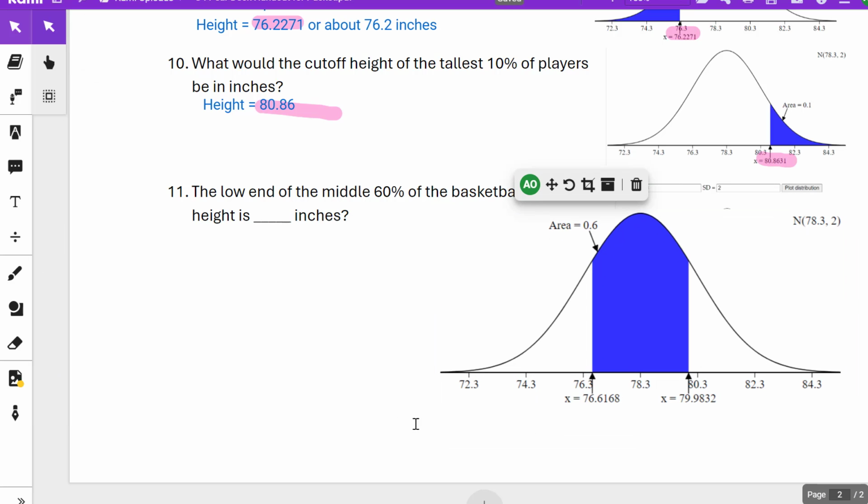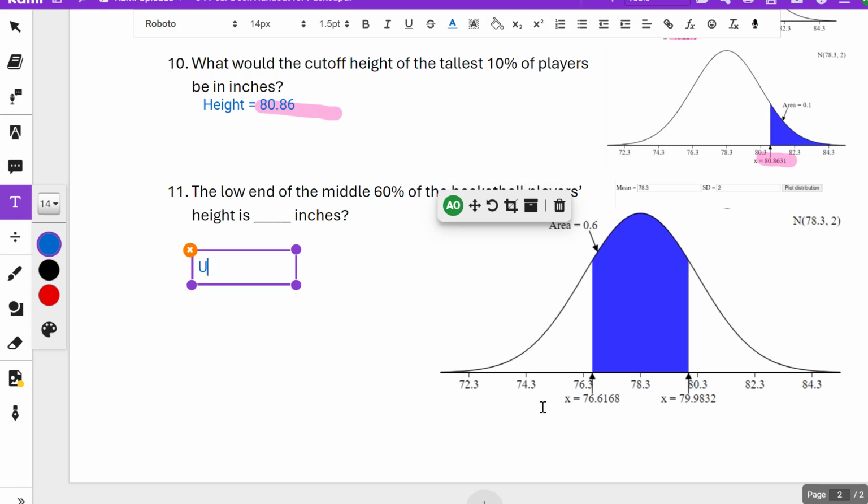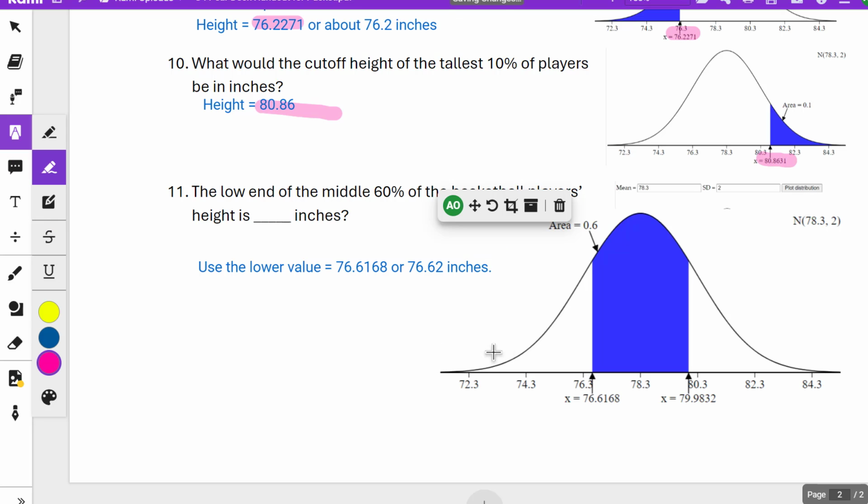I'll just use the big area right there. And so we want the lower area. So definitely use the lower cutoff value, which is 76.6168 or 76.62 inches, because I think I went 4 decimal places here. So the answer is this piece right there. Make sure you did central area.